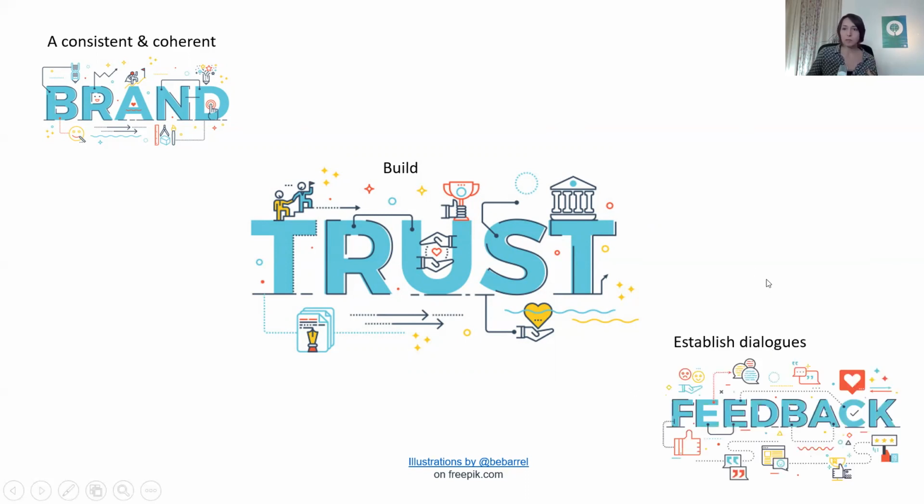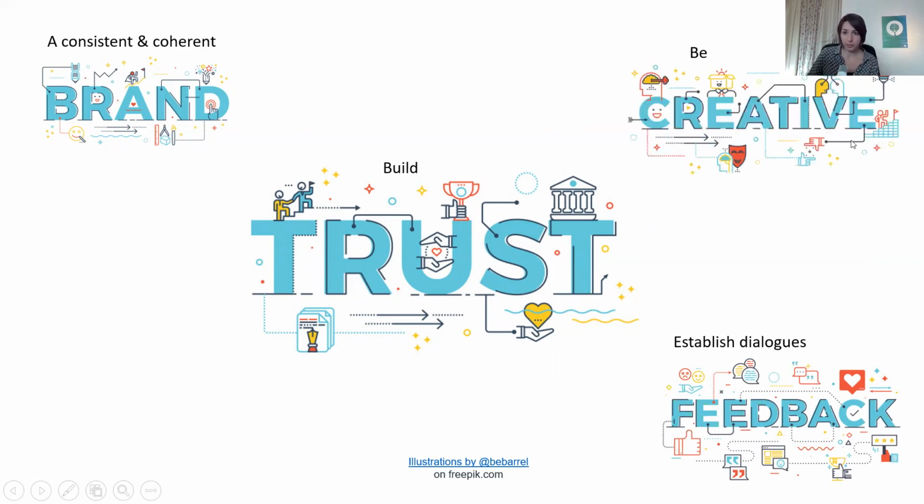Then we need to establish dialogues and not think about one to many or one without feedback. We need to establish dialogues with our audiences. And for that, surely we need to be creative, right? We need to be able to capture people's attention, to show them something good so that we get their moment of attention and we can establish a connection with them.